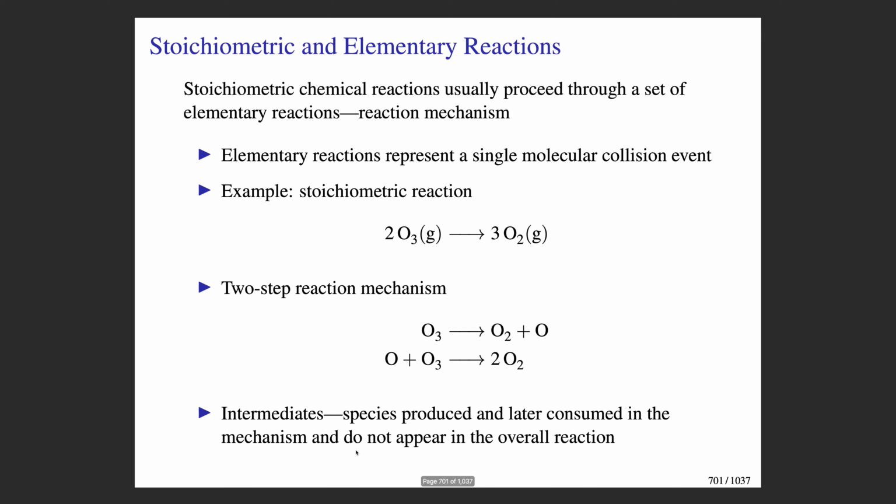So this first slide is meant to distinguish between stoichiometric chemical reactions and elementary reactions. Stoichiometric reactions are really only a before and after shot of a given chemical transformation. So you have some overall process that takes you from your initial set of reactants to your products.